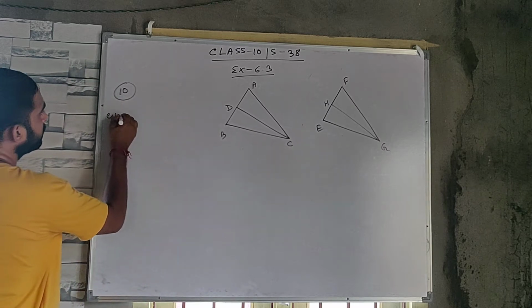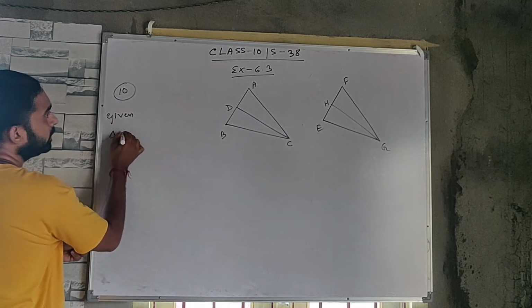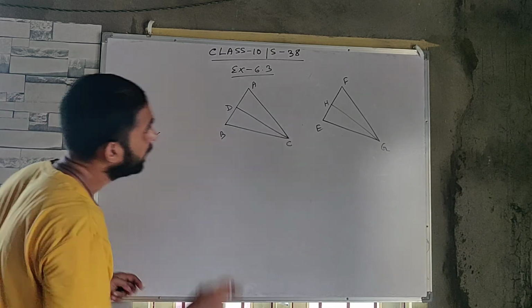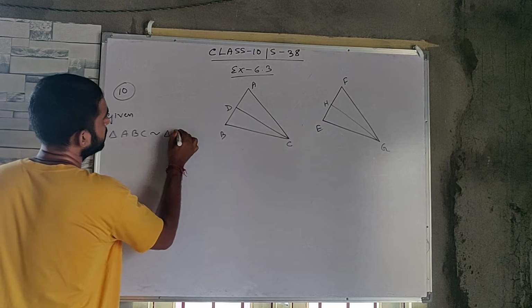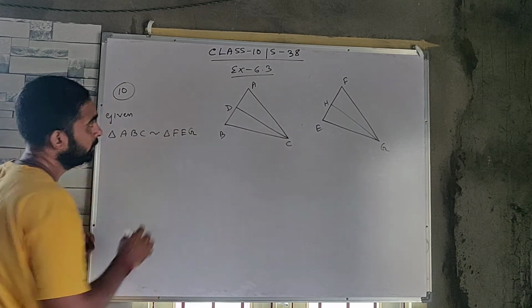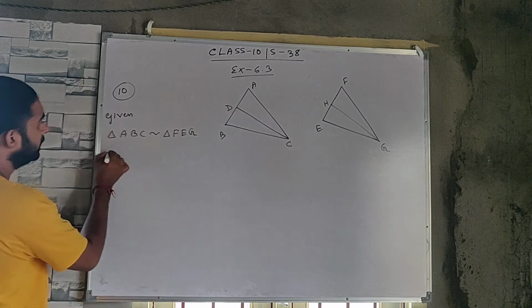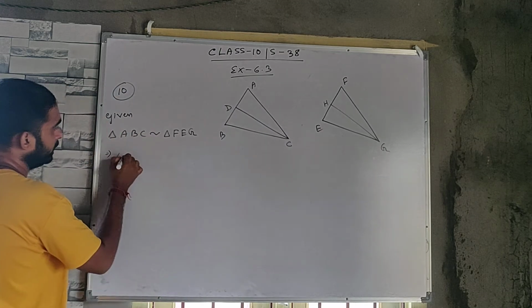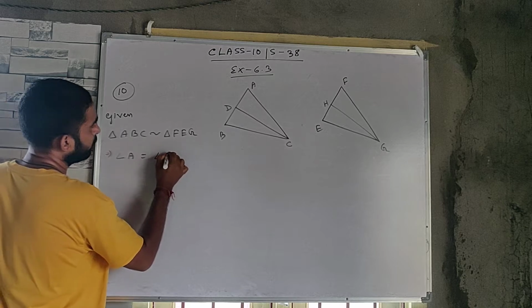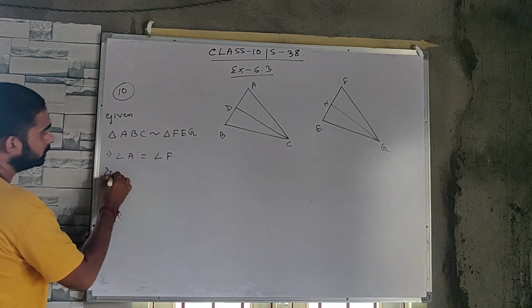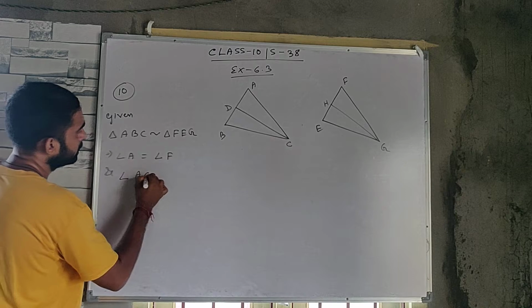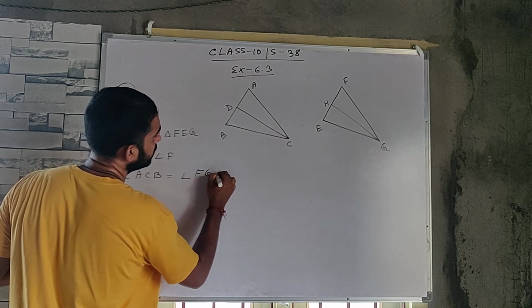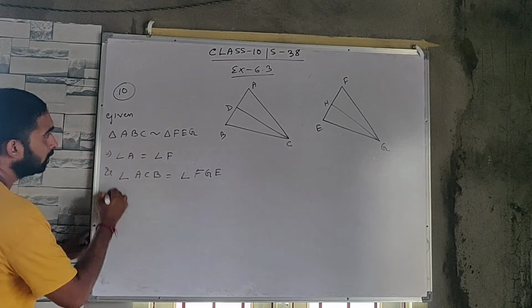Given that triangle ABC is similar to triangle FEG. If these two triangles are similar, then angle A equals angle F and angle ACB equals angle FGE.